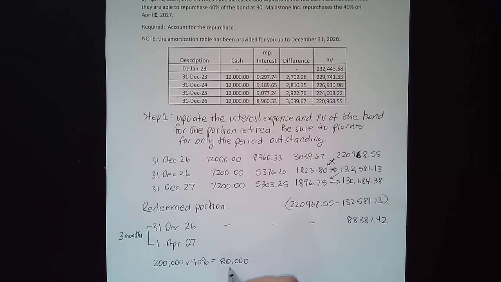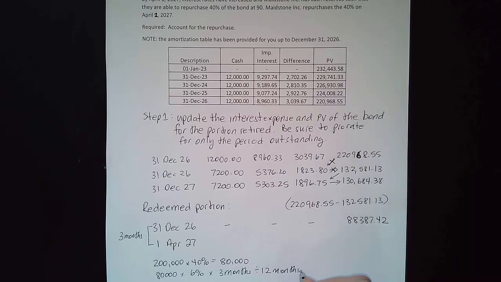Now, if that is the portion that I'm going to redeem, I have to calculate 3 months of interest on that portion. 80,000 multiplied by the coupon rate, which is 6%, multiplied by the number of months that we're actually holding the bond between the last time we paid interest and the point of redemption, 3 months, and divide that by 12 months because it's an annual interest rate.